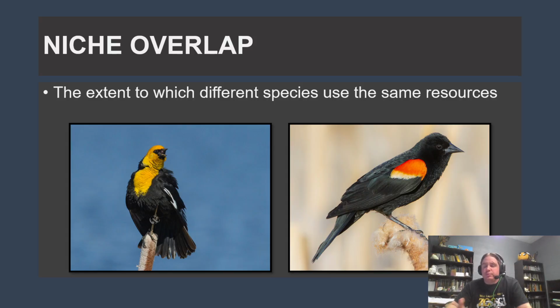It creates a useful way of describing different groups of birds in terms of their niche overlap, and it's just a generally useful concept.